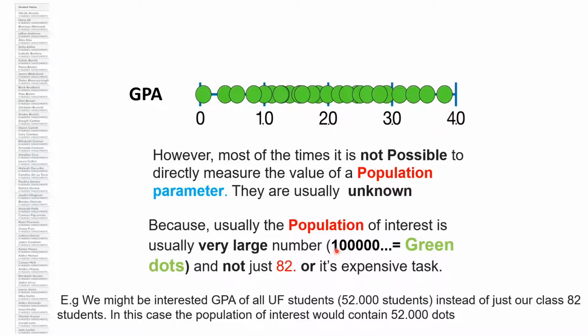Or it can be another large number. So it's not just the 82, which is a small number. So it will be a very expensive task. That's why the value of the population parameter is really unknown.